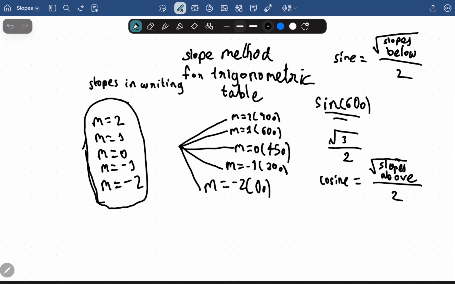Slopes above. So let's find it for cos 30 degrees. So m equals 0, 45 degrees is 1, m equals 1, 60 degrees is 2, m equals 2, 90 degrees is 3. So all 3. So root 3 over 2. And you see these all are matching because of the cosine values.